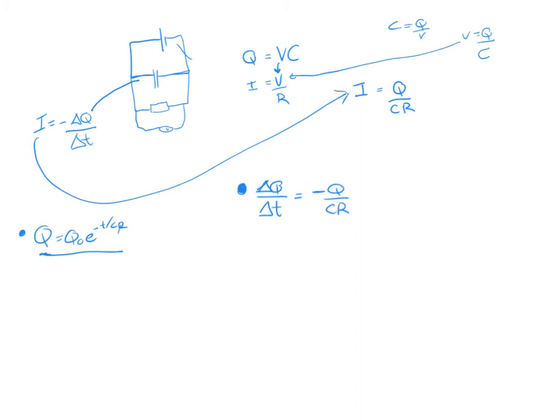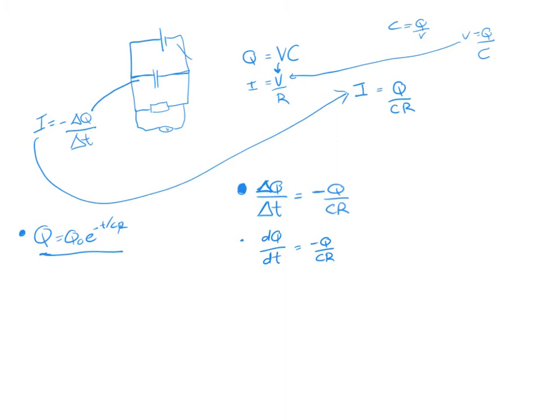Now this means a change in Q divided by change in t. If I consider a very, very small change in Q divided by a very, very small change in t, I can rewrite the equation as dQ/dt is equal to minus Q over CR. And many of you might already know how to deal with this.